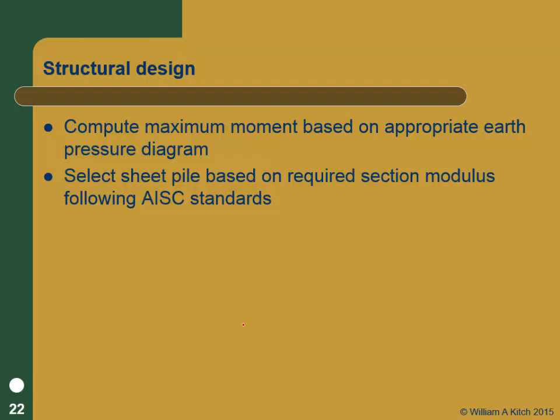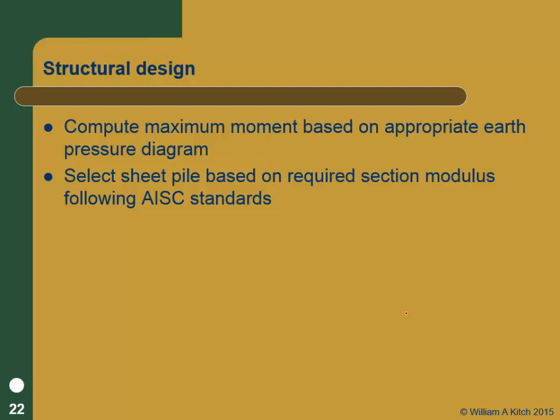I'm sure some people are doing it with LRFD design, in which case you'd have to factor your loads appropriately. It's kind of hard to do that though, because you have water loads separate from earth pressure loads, and they all have different load factors, so it's really common to use allowable stress design for this. So that part's pretty simple, and in the design problem I give you, I'll ask you to find the appropriate section for the design.